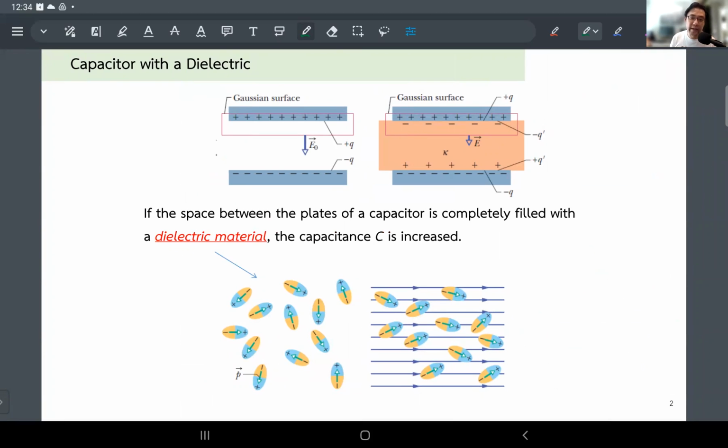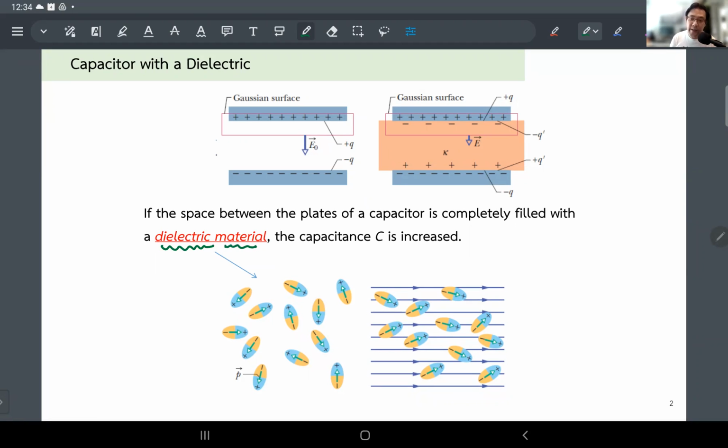What kind of material can I squeeze in between the conducting plates that allows you to adjust some value of the C? It turns out that if you take the material to be a dielectric material, then what it can do is this.